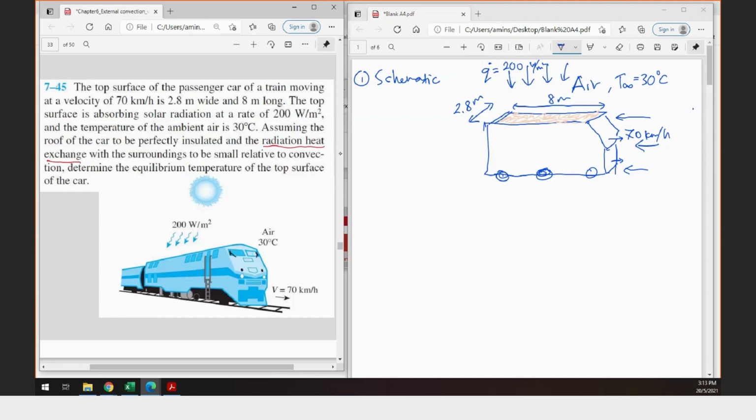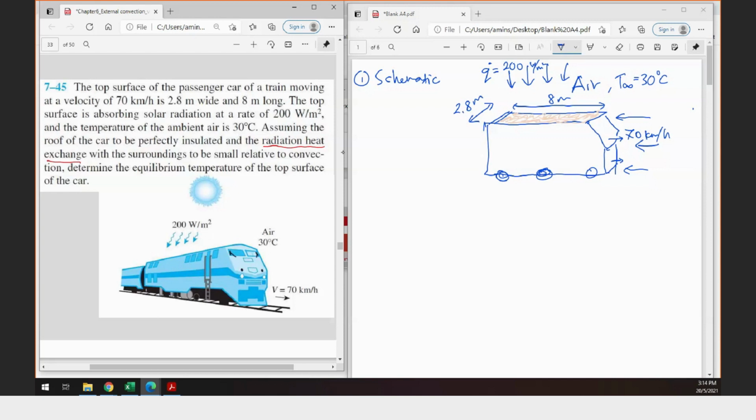But this reflection we assume is small and can be neglected. So I can say that the heat transfer that occurs in the top surface comes from the radiation.